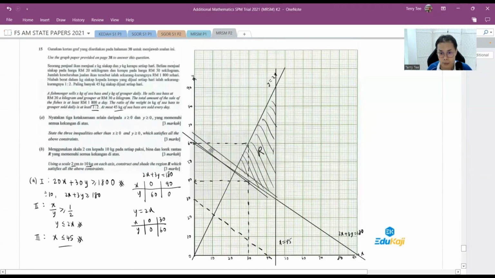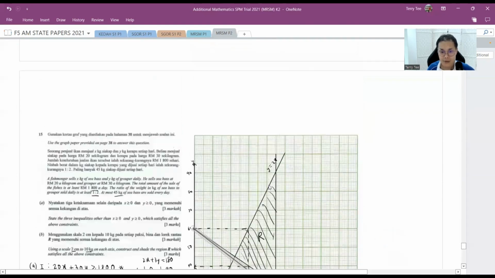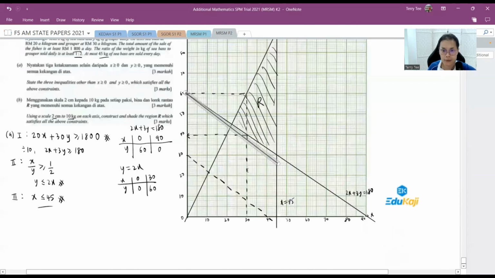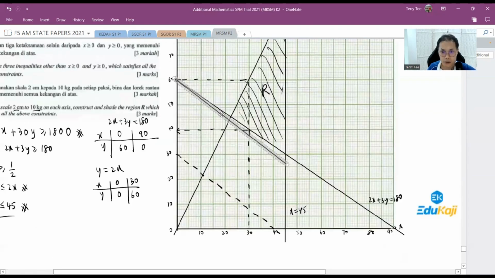Yeah, we need to choose a point on the graph that gives us the smallest y-intercept. Let me just move it a little bit so you can see it has to pass through this point here. How we draw exactly is actually not so important. We don't have to draw a super accurate graph.